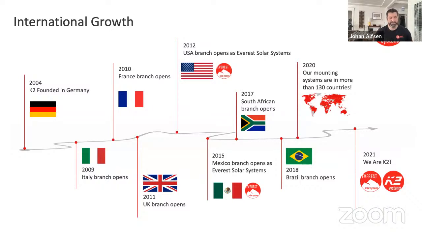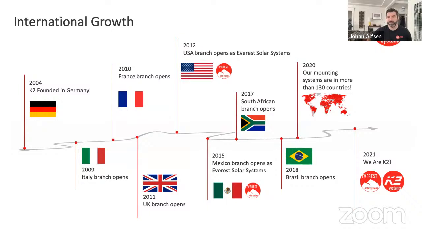We didn't have the rights to the name K2 in the US solar industry in 2012, but almost 2 years ago now we did get the rights to that name. So now we are all one big happy family called K2. I just wanted to clear that up.